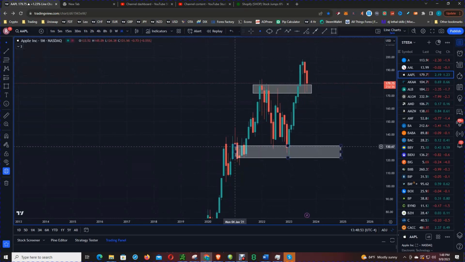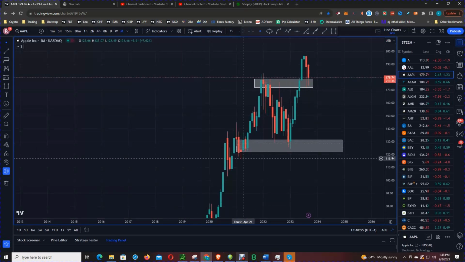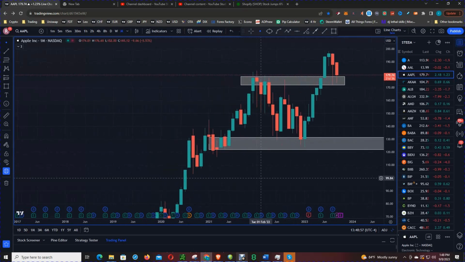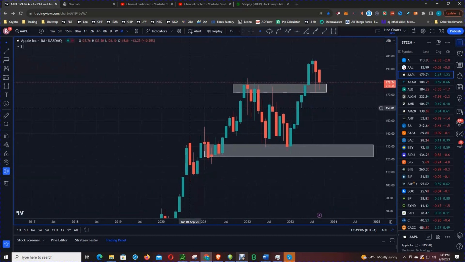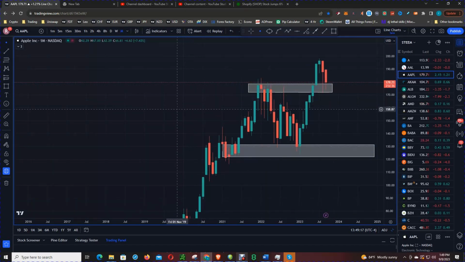Now this one, hard to see the formation, but this is actually a drop base rally, right? That red candle, drop base rally. And this is a rally base drop. When price comes back, works. When price comes back, works twice, right? Pretty cool.